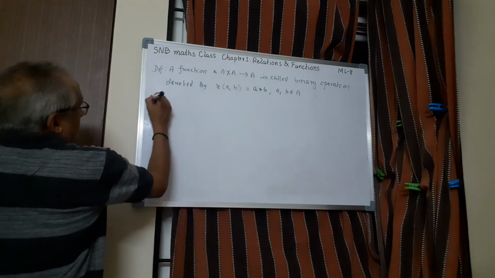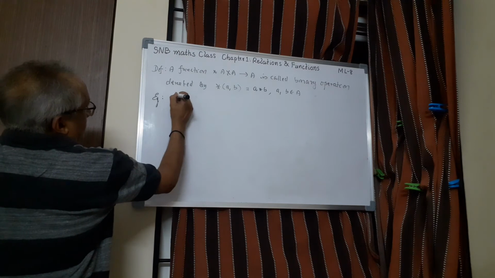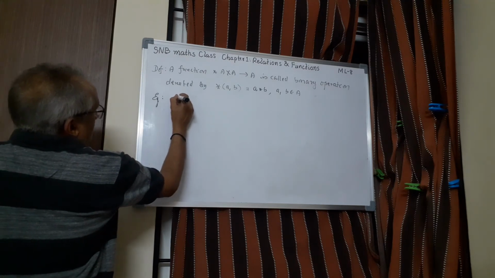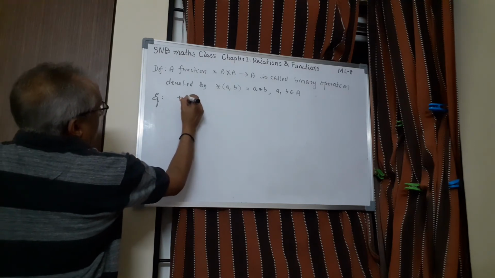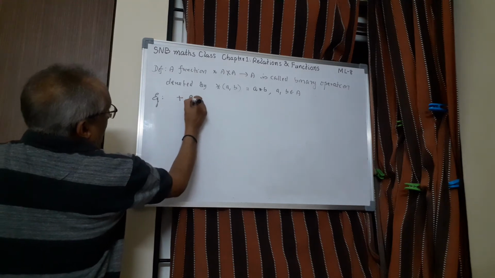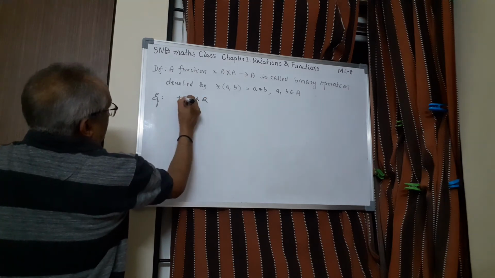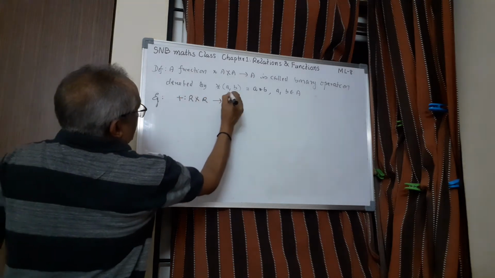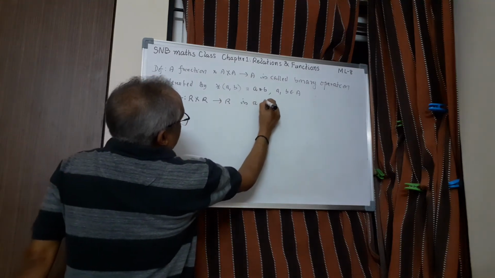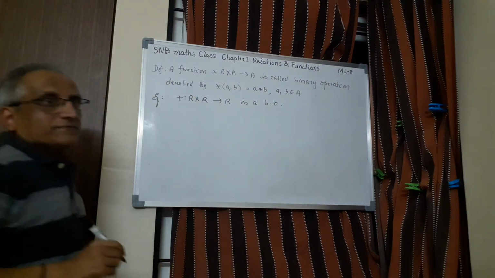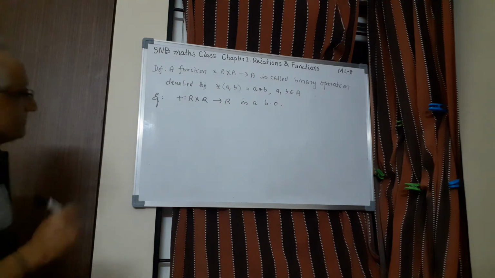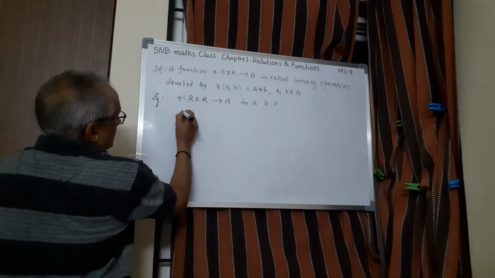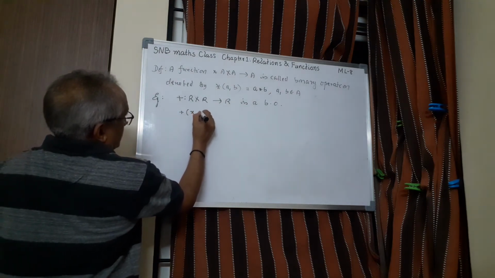Let me take some example. Let us say addition defined on R cross R to R is a binary operation. It is a binary operation because you take, for example, addition of (x, y).